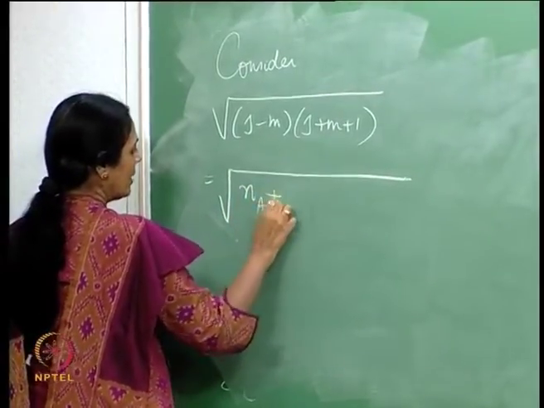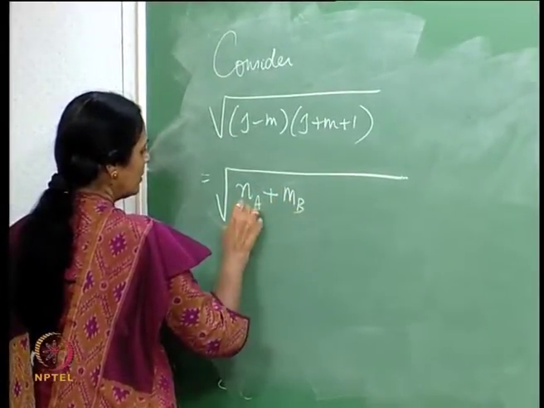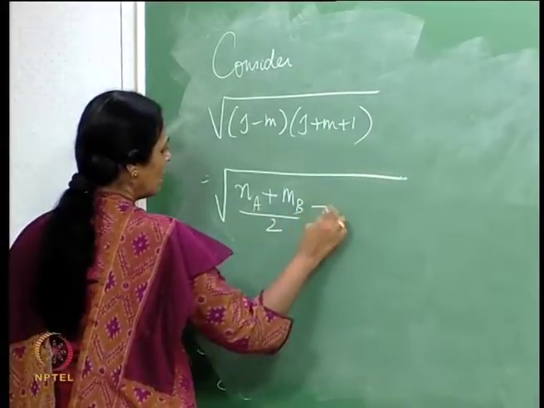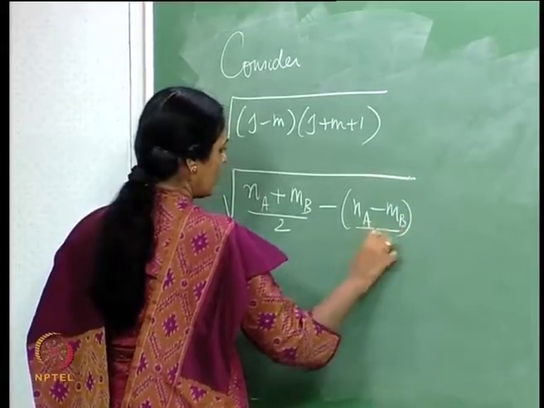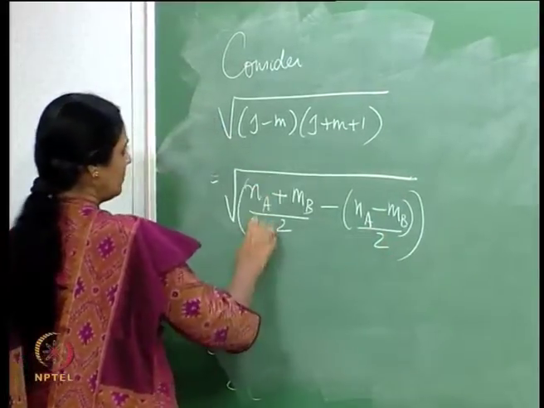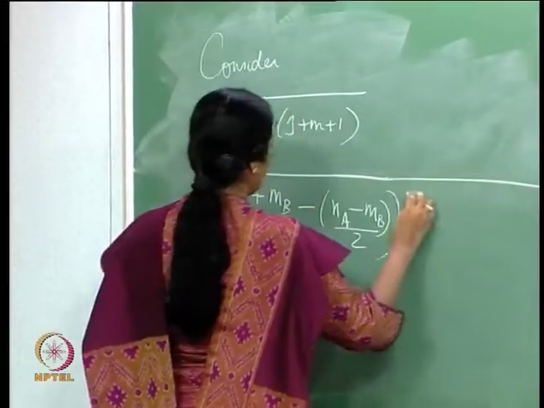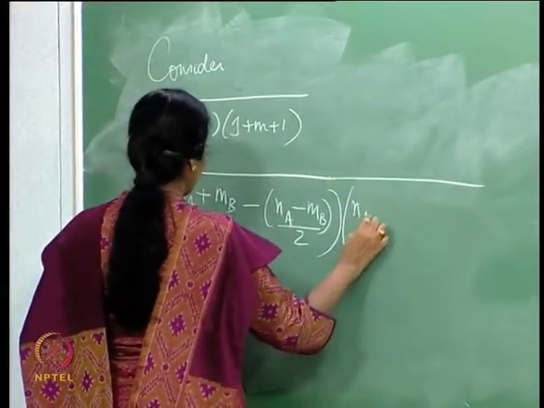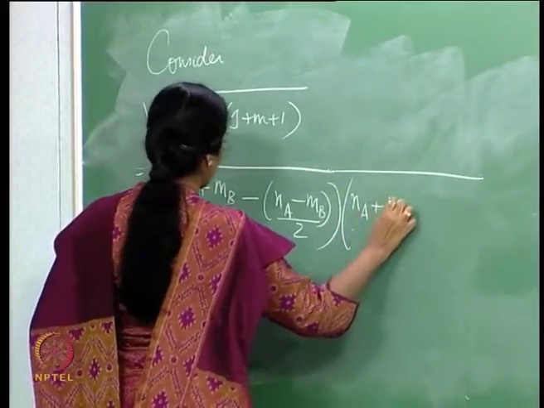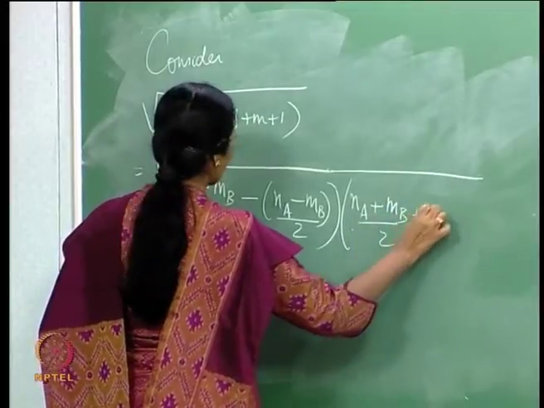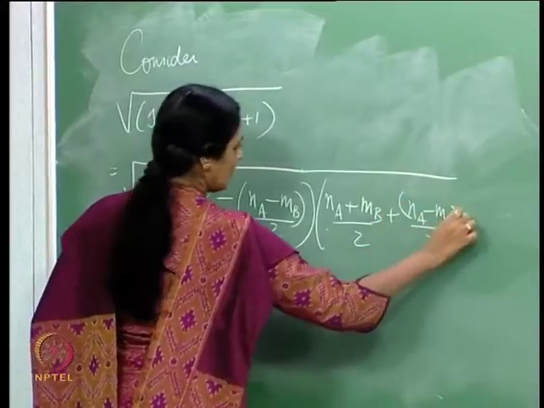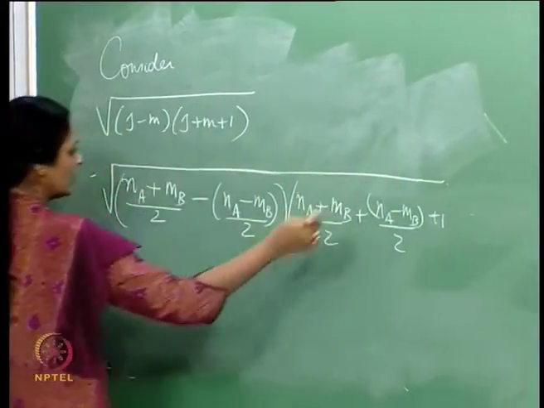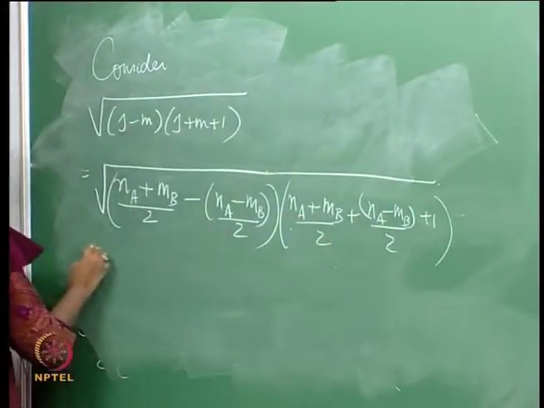This is NA plus MB by 2 minus NA minus MB by 2. That is the first term. The second term is NA plus MB by 2 plus NA minus MB by 2 plus 1, and all this under the square root.